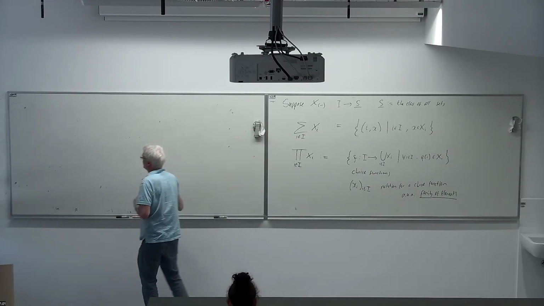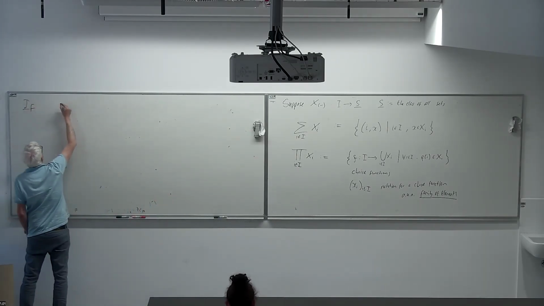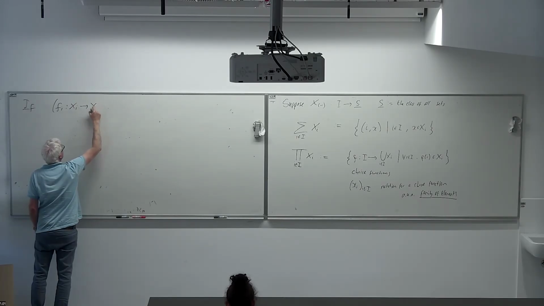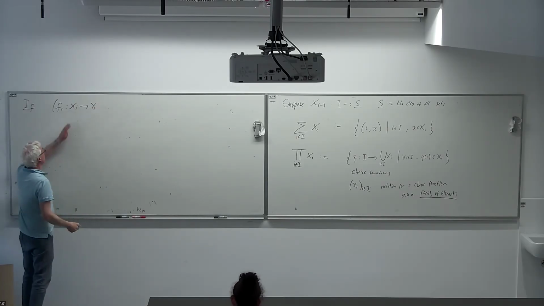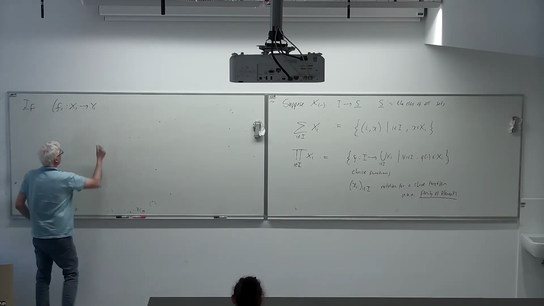So if we have two families of sets indexed by the same index set, capital I, we have the capital X sets and the capital Y sets.